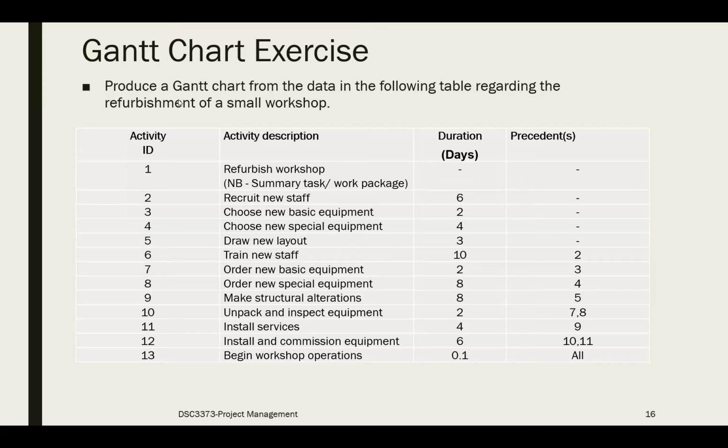Any questions up to now on the Gantt chart? Anything you want to clarify before you go into the activity?